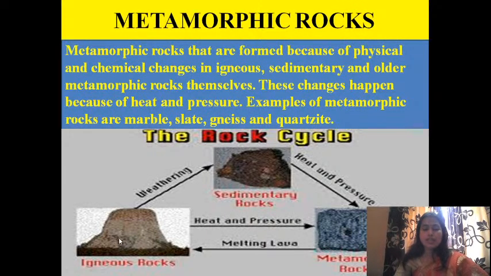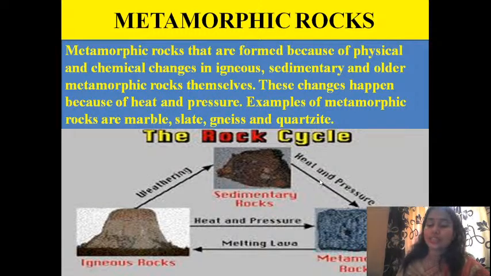So first igneous rocks change into sedimentary rocks, and then sedimentary rocks change into metamorphic rocks because of physical and chemical changes, right? So these changes happen because of heat and pressure. You can see here it is written heat and pressure.